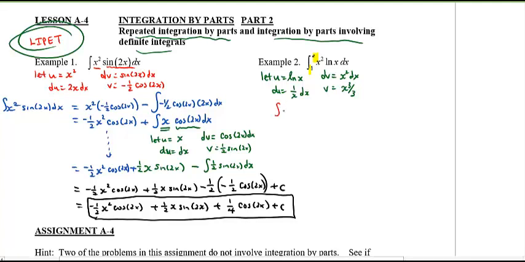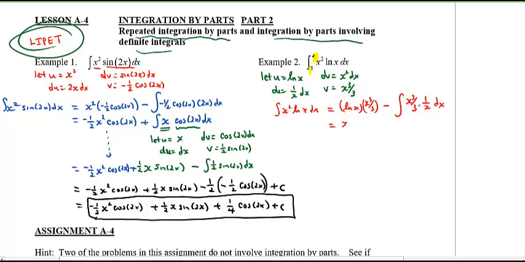So the integral of x squared natural log of x dx will be equal to, here we go, u times v, natural log of x times x cubed over 3, minus the integration of v, x cubed over 3, times du, 1 over x dx.